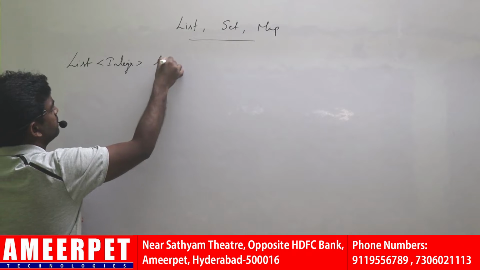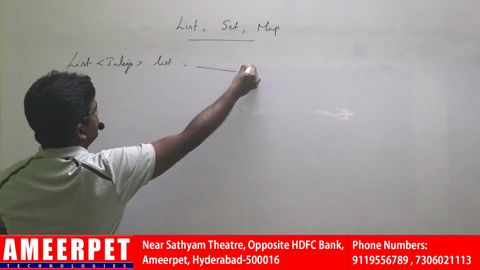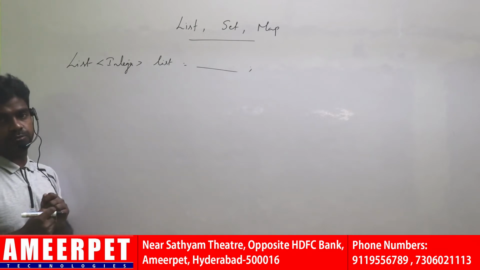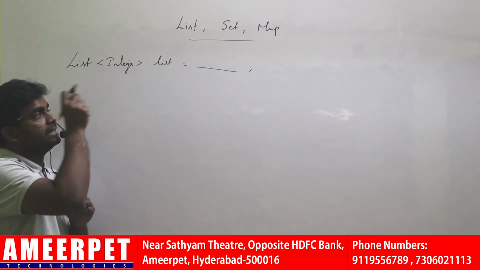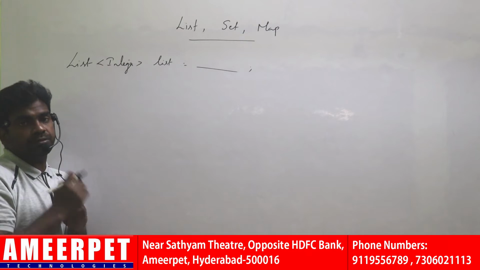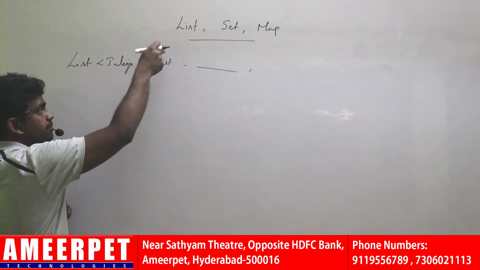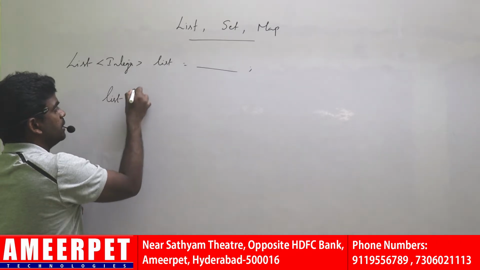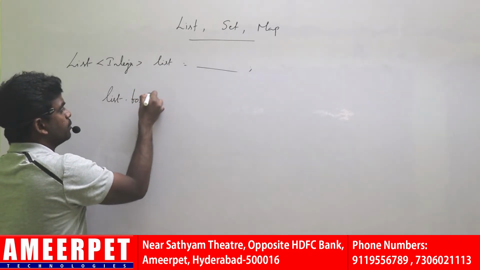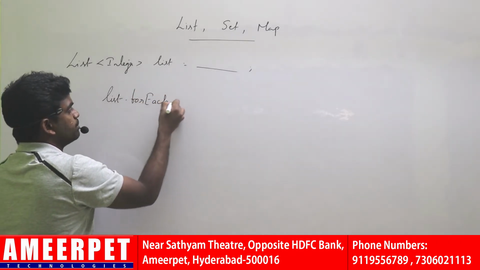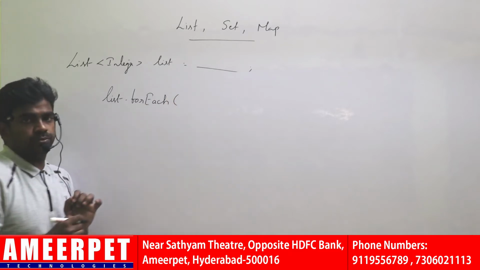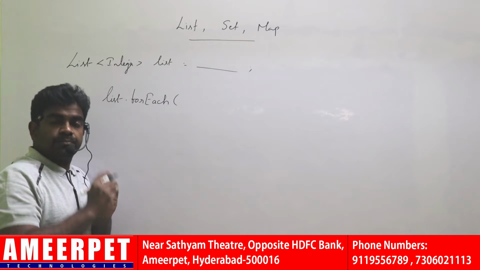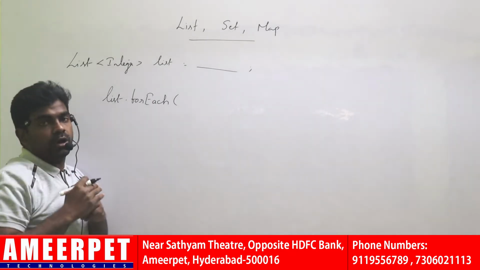The name you have given is list, equal to new ArrayList. But now our question is: how can we display that list using the ForEach method? Very simple, on the collection object we call list.forEach. The ForEach method belongs to the Iterable interface, which is the top interface of all collections.